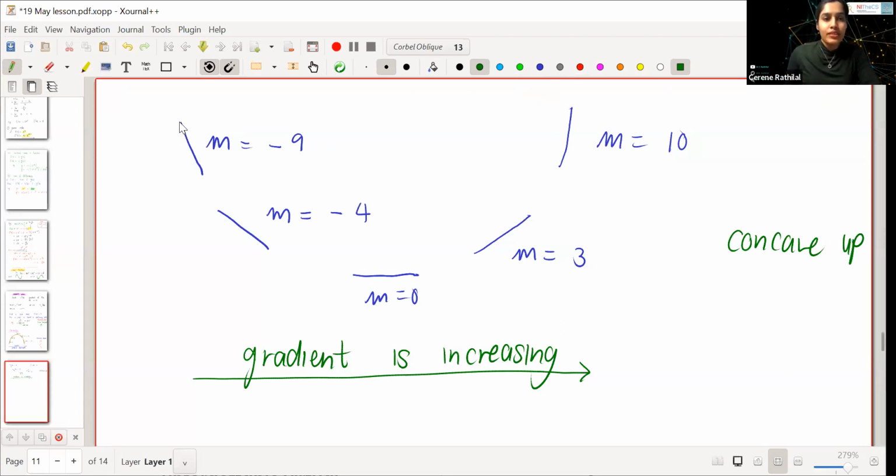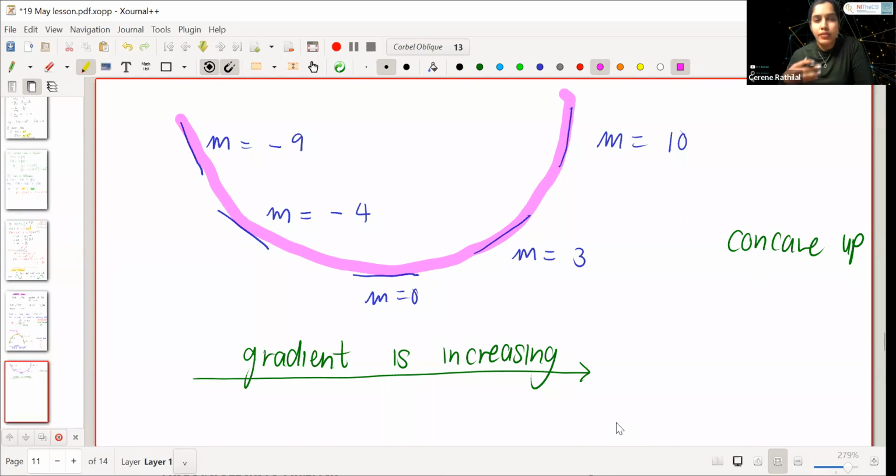And so, of course, these straight lines were representing tangent lines to the curve. So if I had to draw a curve, then it would be something like that with these lines touching it. And so that's your concave up sort of shape, a generic shape that you would encounter. So that is concave up.